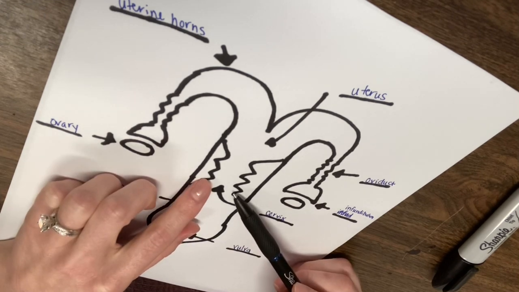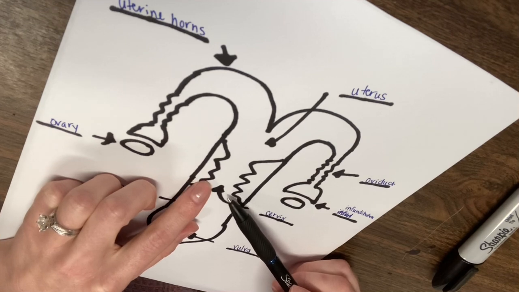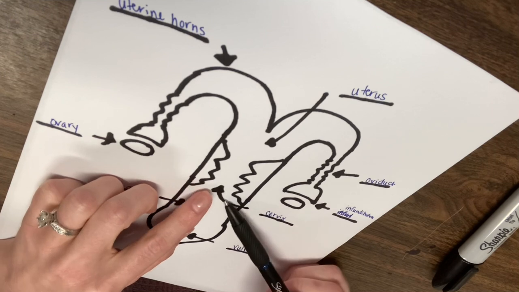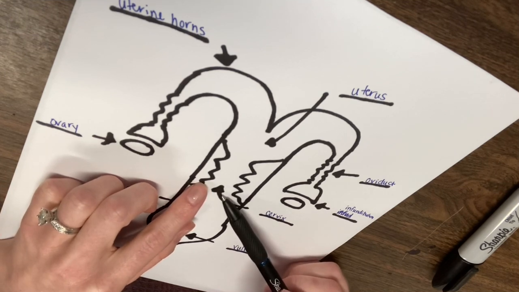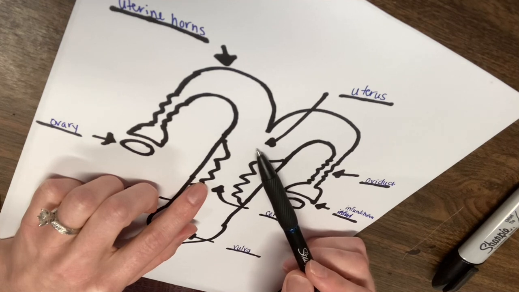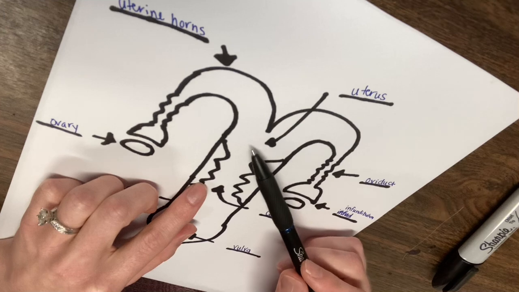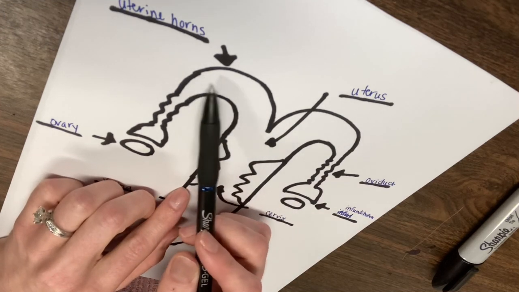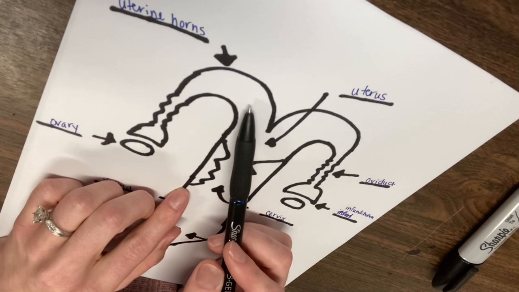We moved into the cervix, which prevents contamination and infection, filters out dead sperm, and maintains pregnancy by producing a plug. Then we went to the uterus, which is where the fetus is during pregnancy, and it also helps to nourish the fetus.